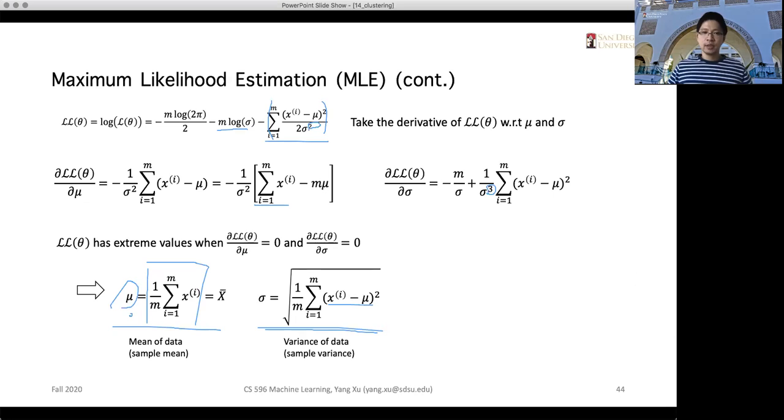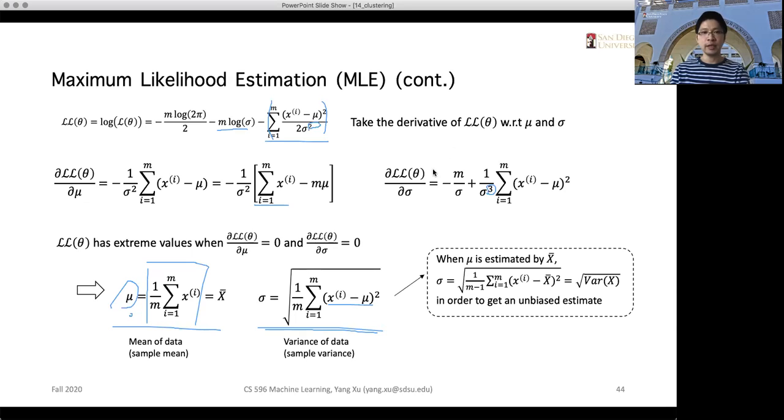When mu is estimated with the sample mean, then we actually need to change the denominator here from m to m minus 1, so that the estimate for the sigma is unbiased. So anyway, we can easily estimate the mu's and sigmas.